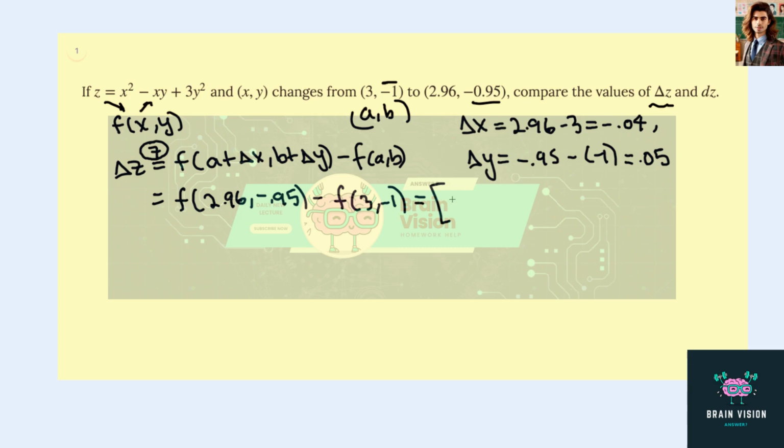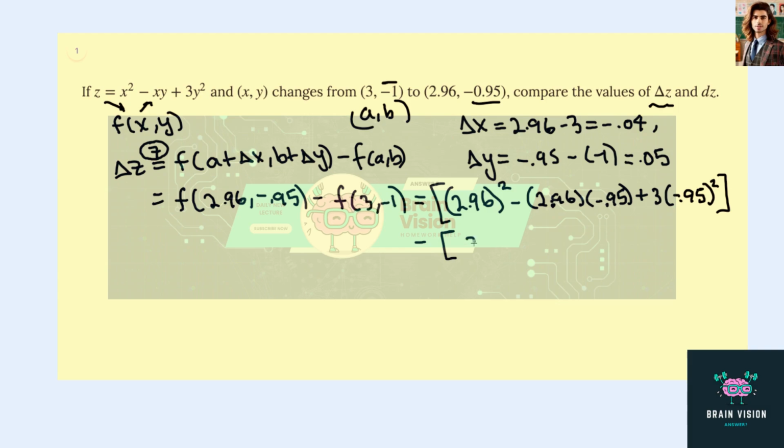For the first one, here's your x. You square it, minus x times y, plus 3 y squared. And then subtract f evaluated at 3, minus 1.